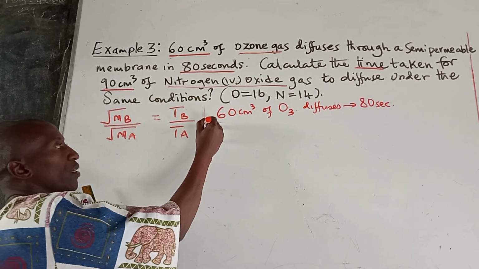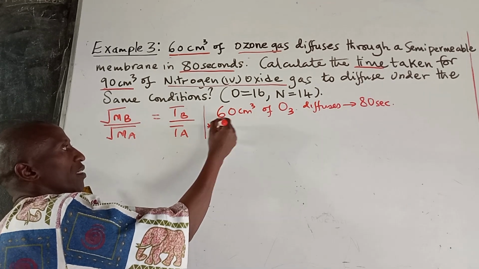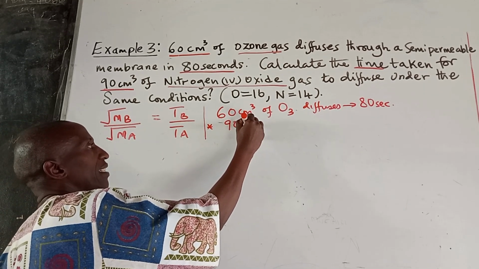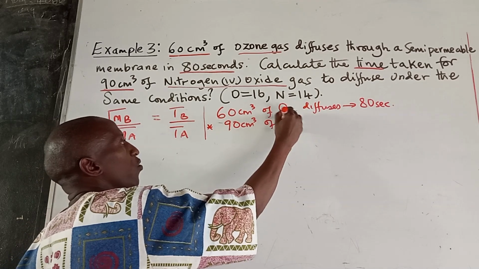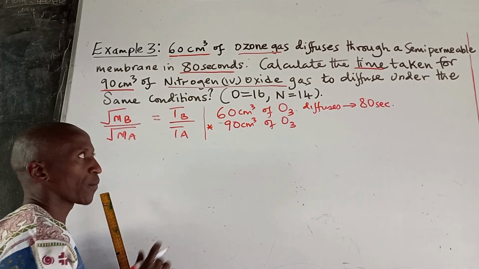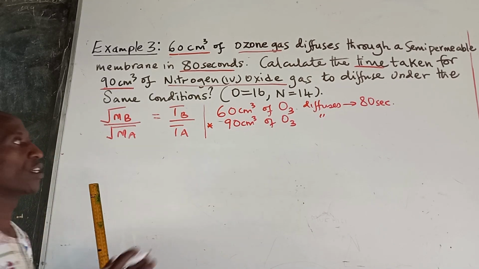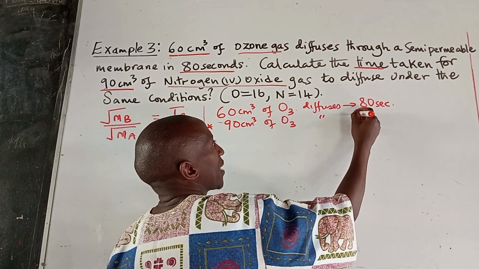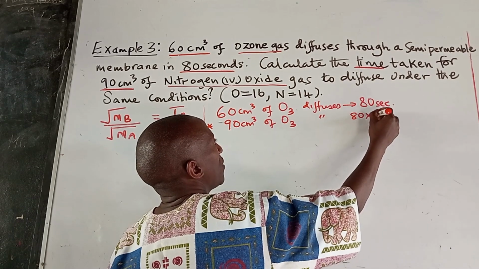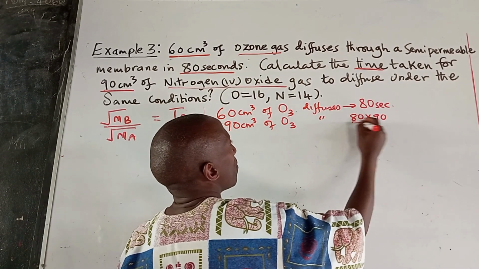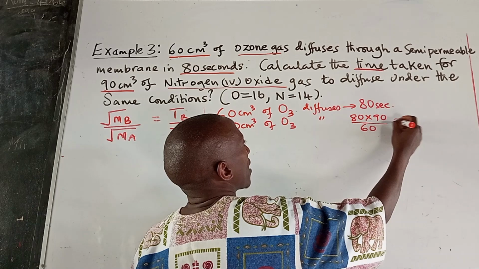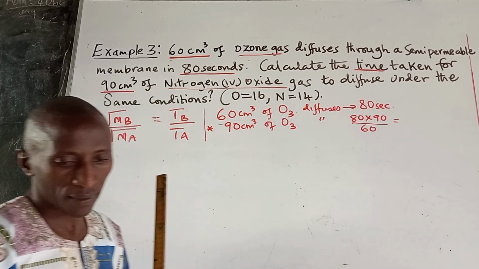Supposing 90 centimeter cubed of the ozone gas were available, it would diffuse in how many seconds? So we cross multiply, and that comes to be 80 times 90 divided by 60.